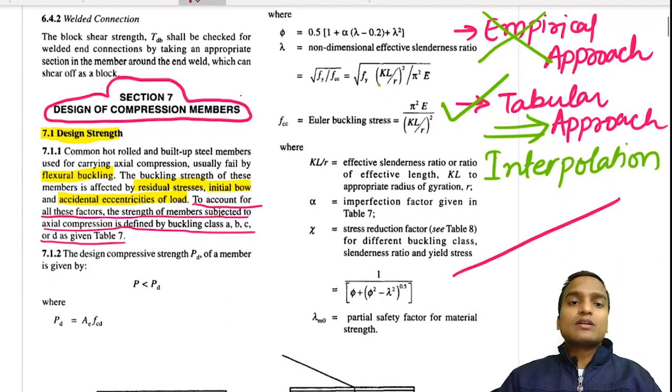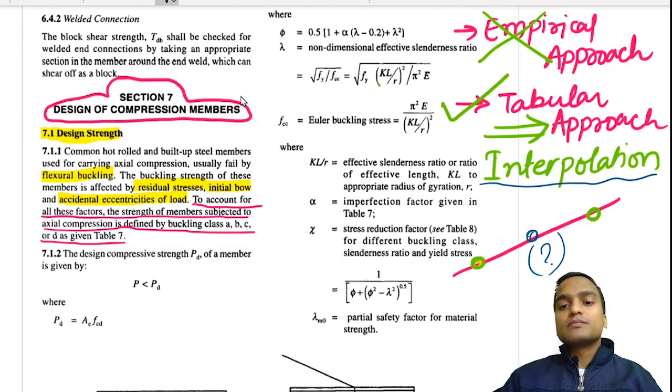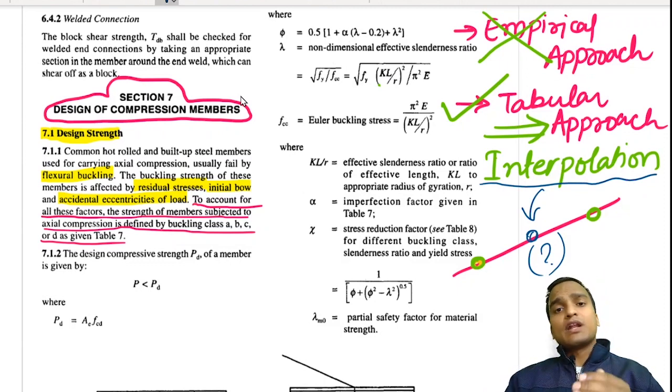If this is my straight line, and if I know 2 points on the straight line, like this point and this point, then we should be able to calculate the value of this point also, okay. So you know this method of interpolation. Interpolation is not very difficult, so you can do it in the tabular approach, but I will try to explain both approaches, and let us begin the empirical approach in brief.